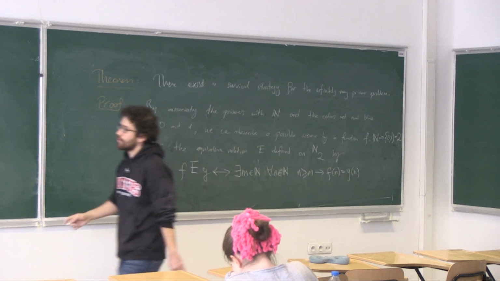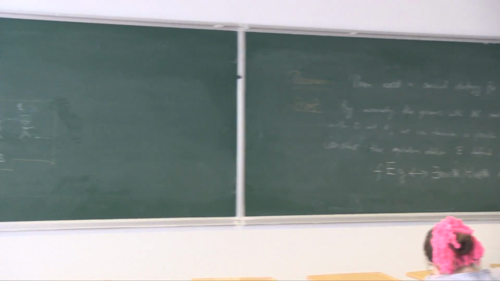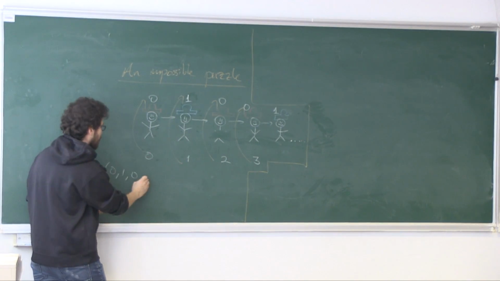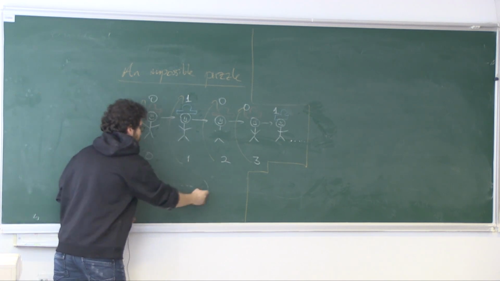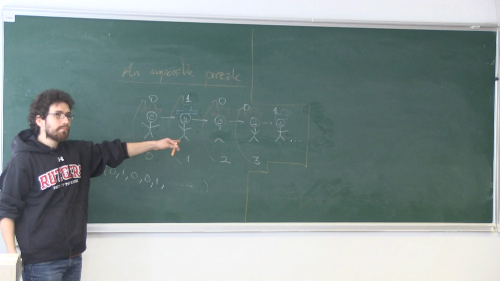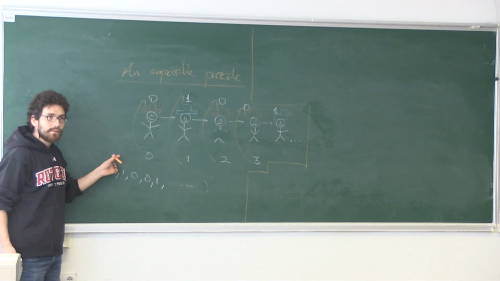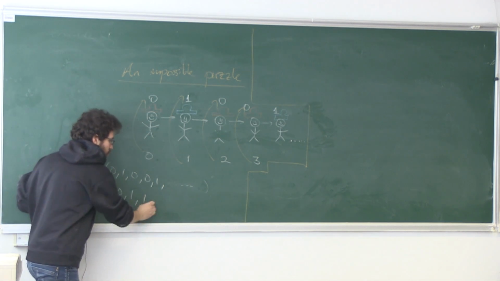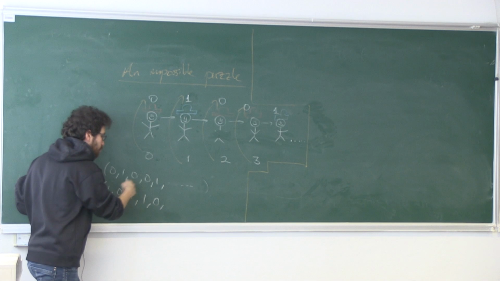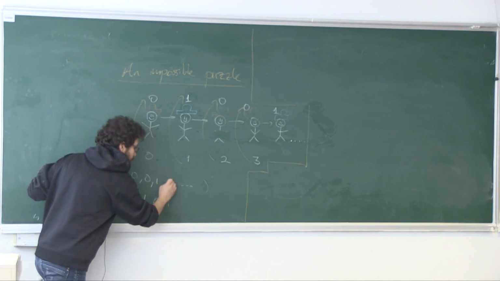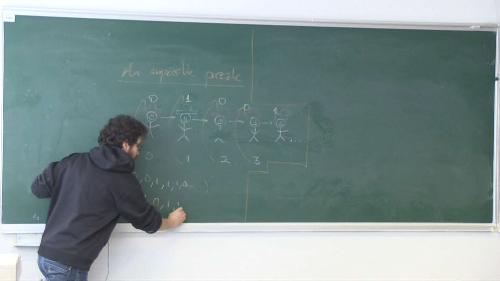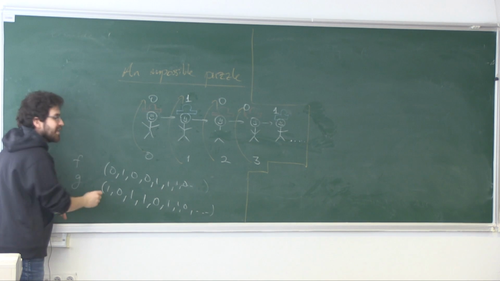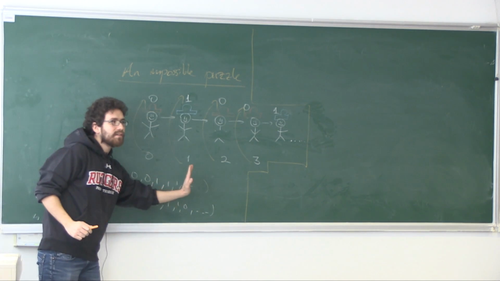Another way of describing this is as follows. Look at this sequence, 0, 1, dot, dot, dot. A function from natural numbers to 2 is simply a sequence whose entries are 0 and 1, right? If I have two such functions, I'm declaring them to be equivalent if and only if their tails are the same.